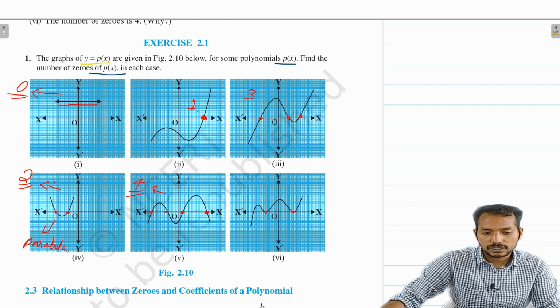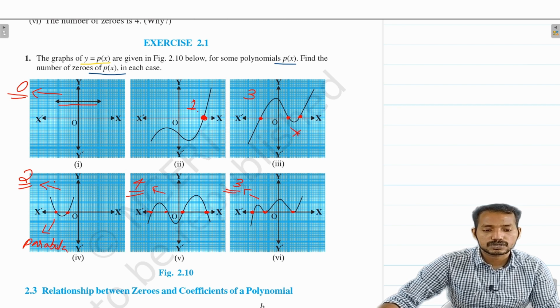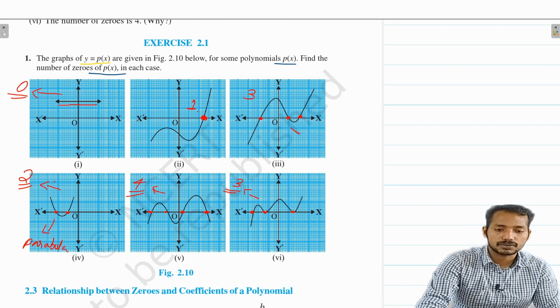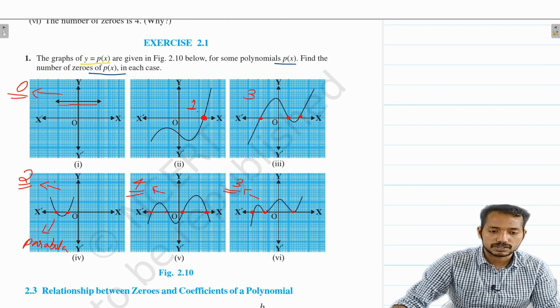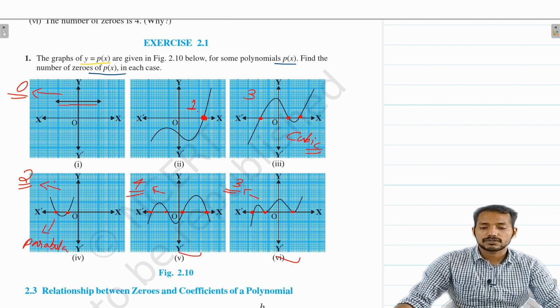And here 1, 2, 3. So 3 zeros. I hope this is the graph of a cubic polynomial, because of the shape we have discussed. The options 6 and 5 are not the graph of a cubic or quadratic.